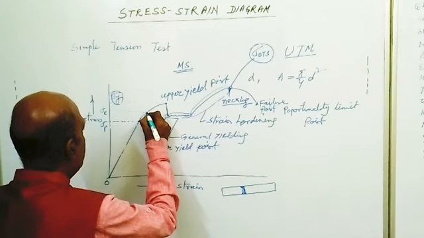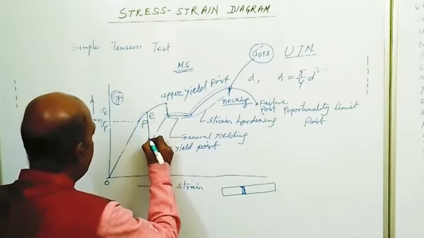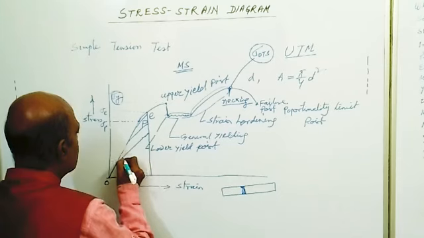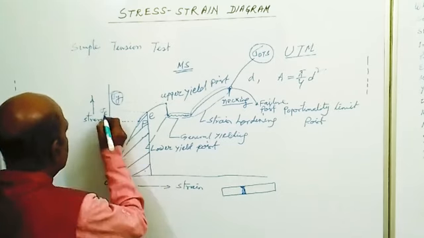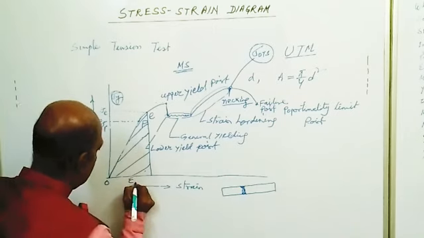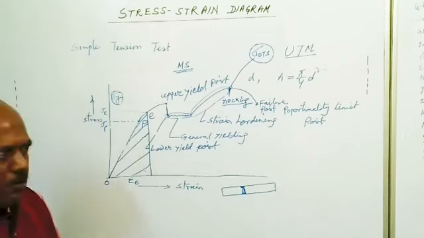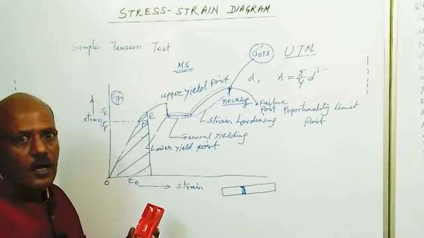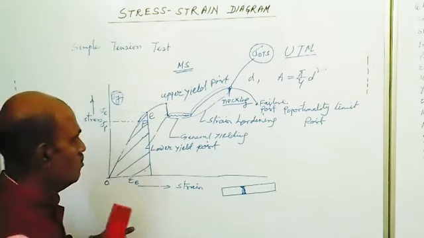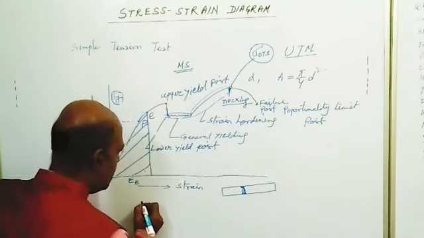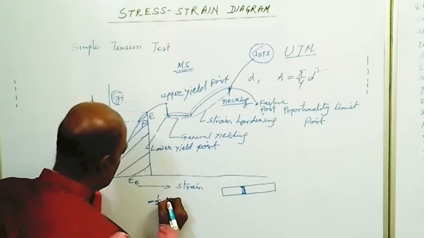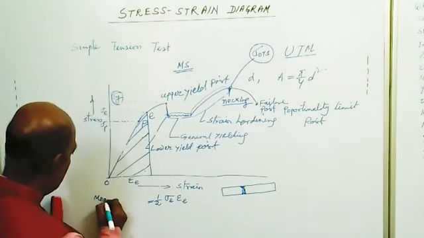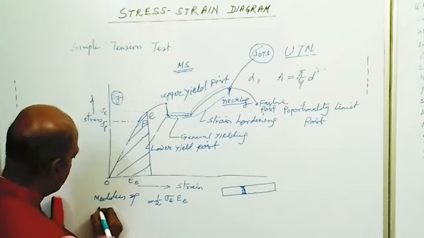Say this is point E. If we load up to point E, the energy absorbed by the body is given by the area under stress strain diagram up to point E. So stress applied is sigma E. Let this be epsilon E. So this triangular portion area, energy absorbed by the body up to elastic limit per unit volume is called modulus of resilience, and it is given by half into sigma E into epsilon E. That is the modulus of resilience.